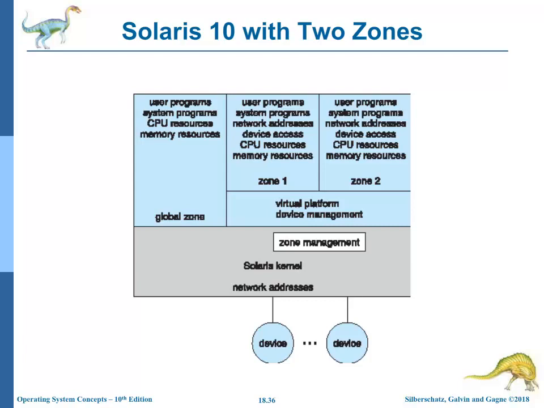CPU and memory resources can be divided among the zones and a system-wide process. Each zone, in fact, can run its own scheduler to optimize the performance of its applications on the allotted resources. So this figure shows a Solaris 10 system with 2 containers and a standard global user space.